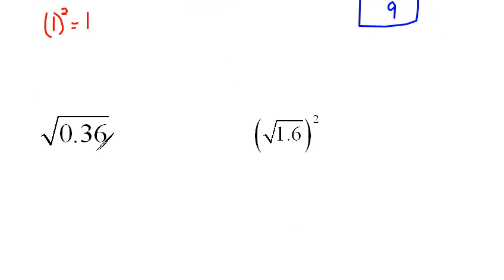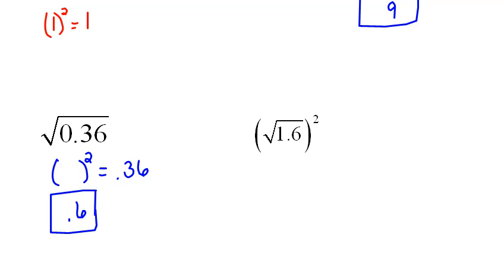We can also work with decimals that way. This literally means, what do we have to square to get 0.36? If you're really good with your decimals, then you would know that would be 0.6, because 0.6 times 0.6 would give you 0.36.